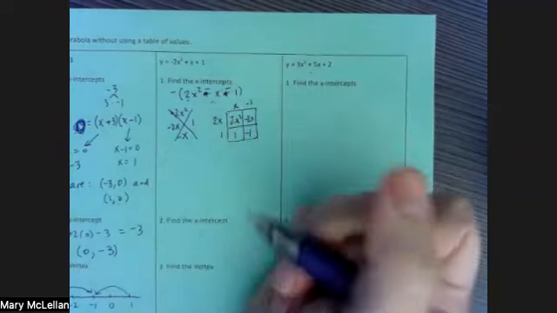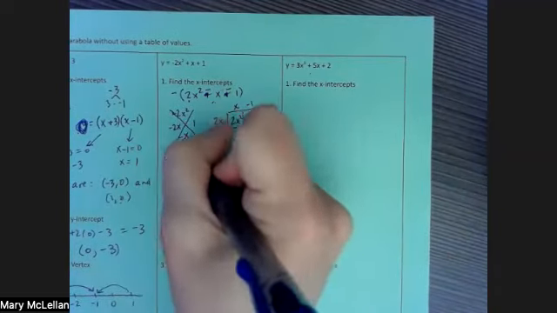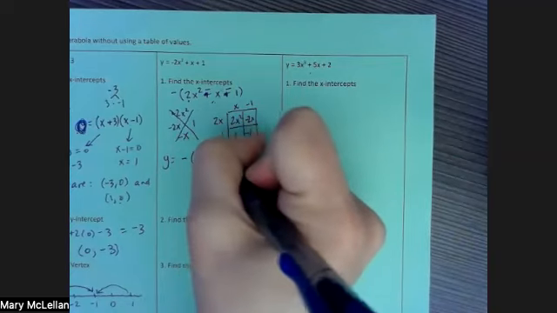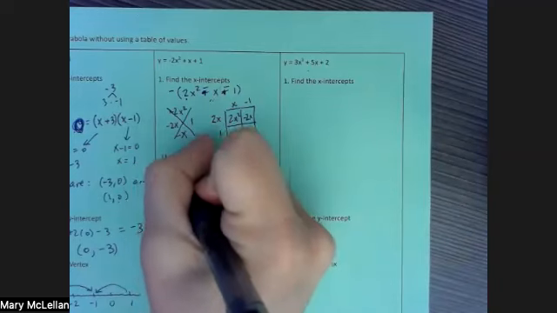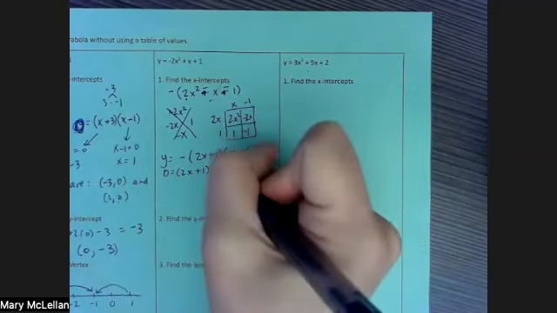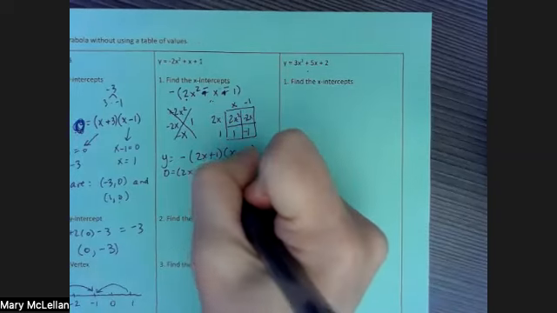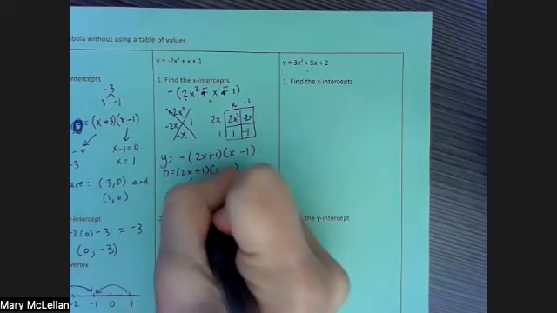And I get that y is equal to (-2x plus 1) times (x minus 1). I set that equal to 0 because I'm trying to find what x is when y is 0 since I'm on my x-axis. 2x plus 1 equals 0.